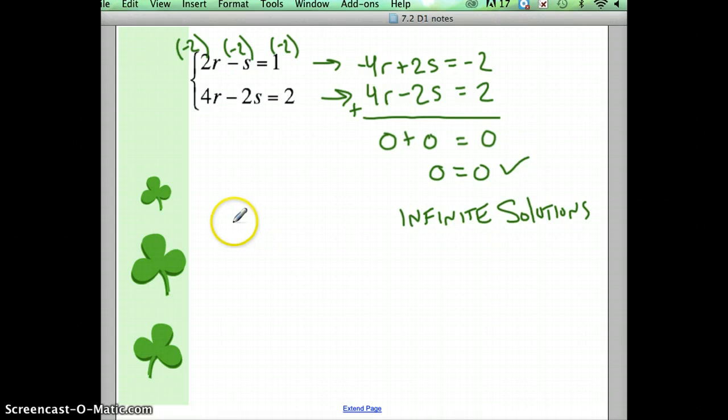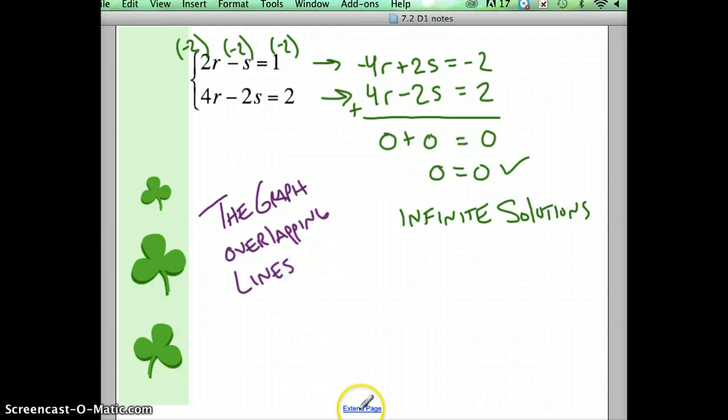The graph, here, let me write this down. Of infinite solutions would be overlapping lines. So it'd be like one line here and the other line would be exactly overlapping it, so they have infinite solutions.